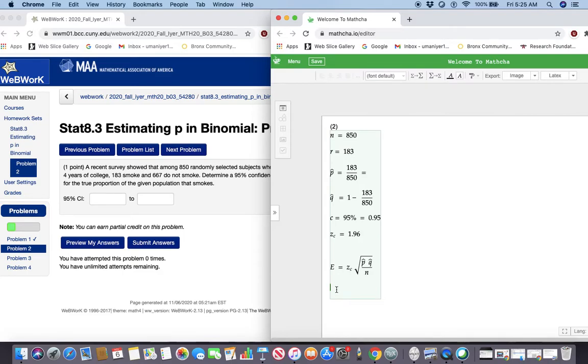So what is my confidence interval? It is P hat minus E until P hat plus E. So that's my confidence interval.